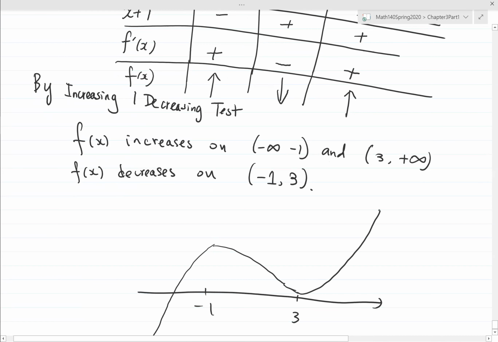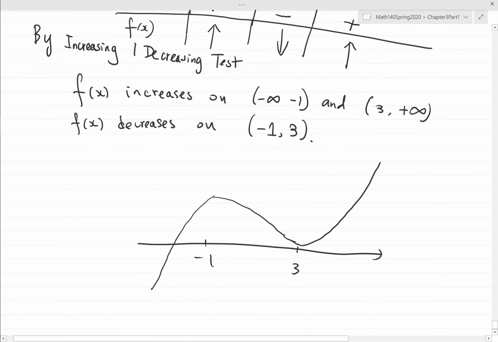So what happened at negative 1 and 3? At x equals negative 1, the function on the left side is increasing and on the right side is decreasing, so it's increasing, then decreasing.